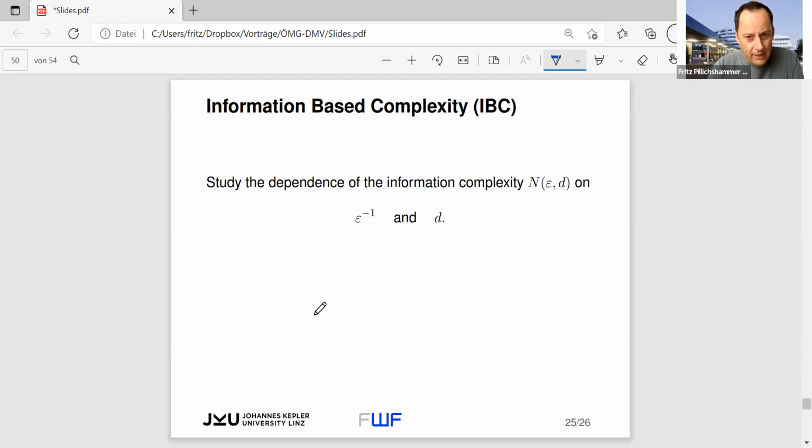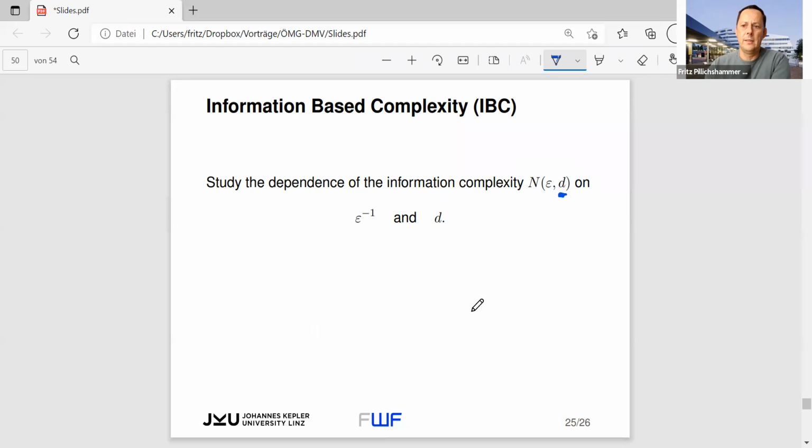And we now study the dependence of this information complexity, or the inverse of periodic L2 discrepancy in our concrete case, on epsilon to the -1 and d, when the error demand epsilon goes to 0 and d, the dimension, goes to infinity. And of course, we want to have a very slow growth rate of this information complexity, especially in the dimension d.